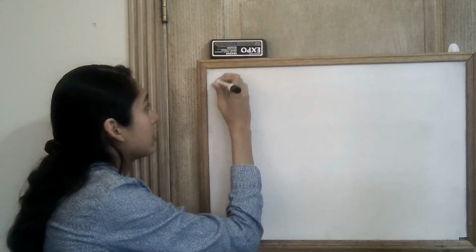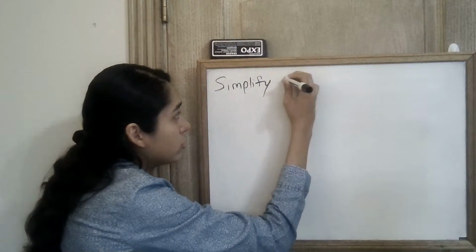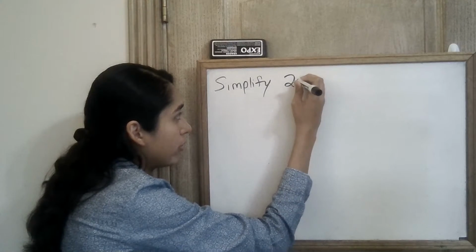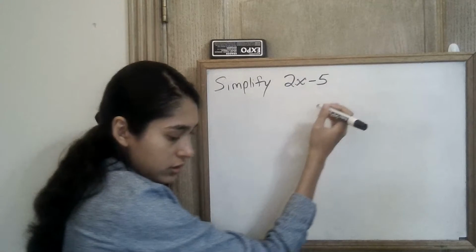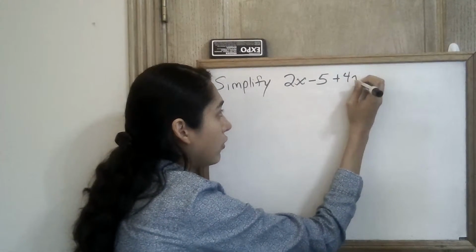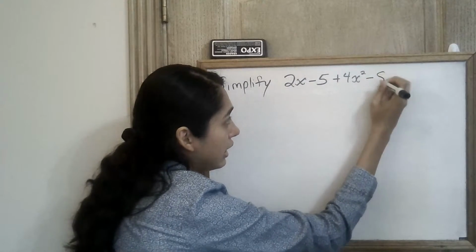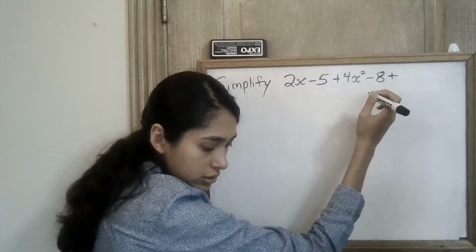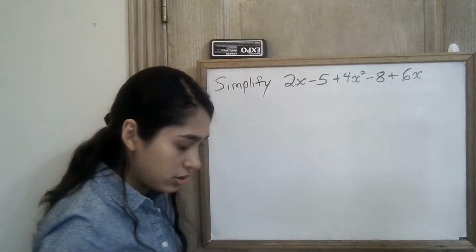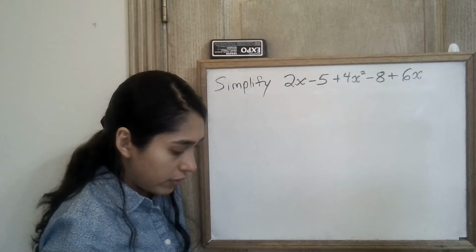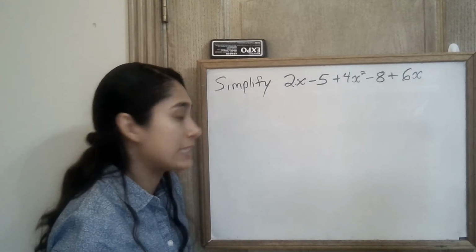The question says simplify 2x minus 5 plus 4x squared minus 8 plus 6x. That is, 2x minus 5 plus 4x squared minus 8 plus the product of 6 times x.